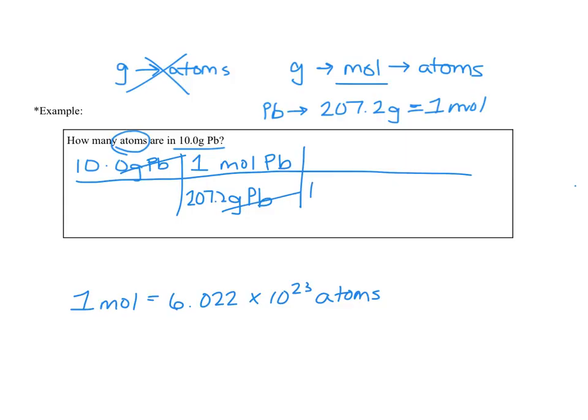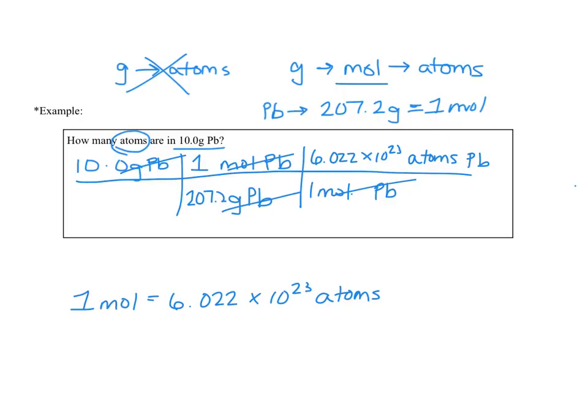So 1 mole of lead, it can be 1 mole of anything, is equal to 6.022 times 10 to the 23rd atoms of lead. So that's going to cancel out my units of moles of lead and leave me with atoms of lead, which is what I'm looking for.